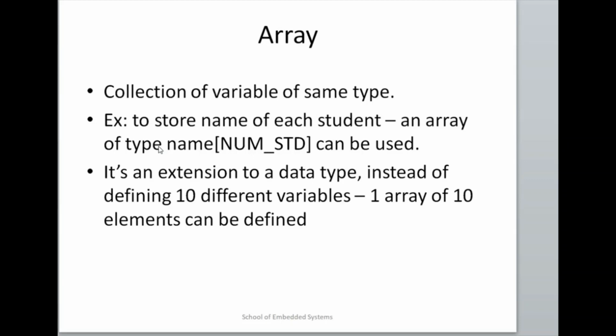Can we select integer and float in one array? No. That concept is coming at a later stage when we discuss structures. As of now, an array is a collection of similar data type. Array of integer, array of float, and array of characters. It's an extension of data type.